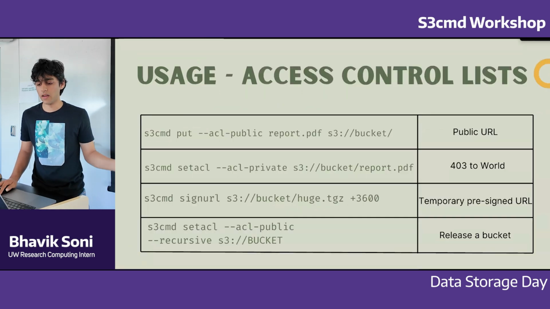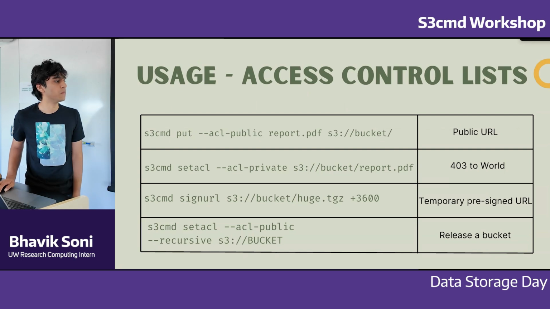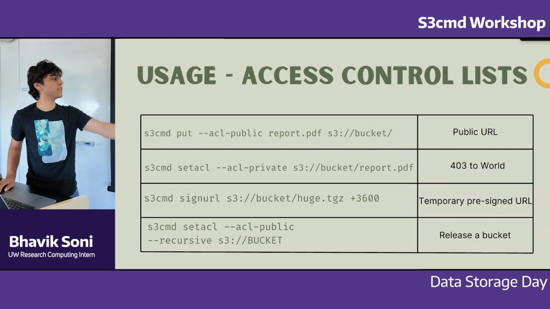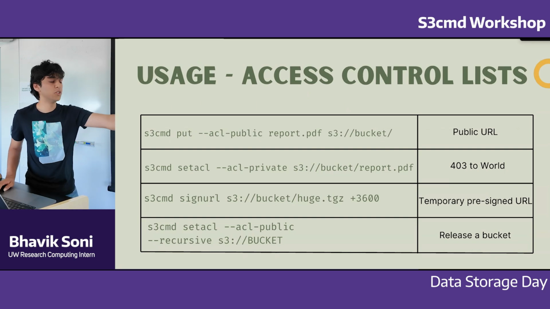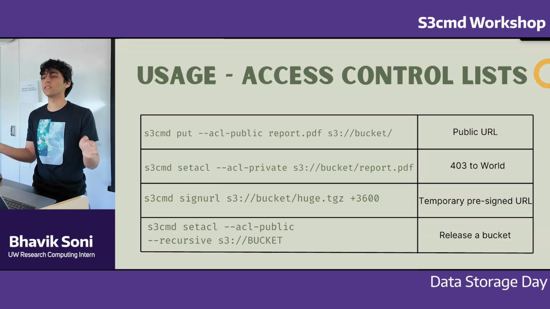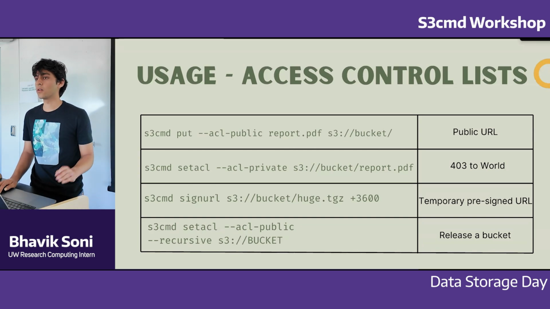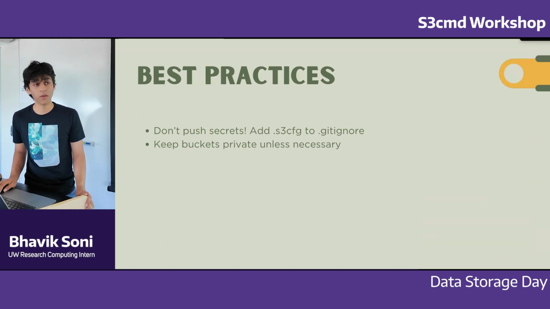And then as we were talking about, everything can be public, everything can be private. And these are the ways that you do that. So access control lists can help you set up a signed URL. This link only works for the span of 1 hour and then it's invalid to use. So quick data sharing stays pretty private. And then the best practices for this are to not push your secrets.